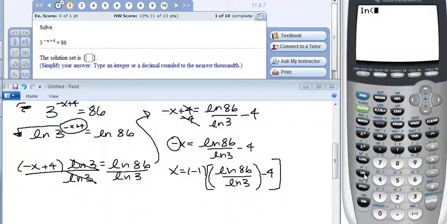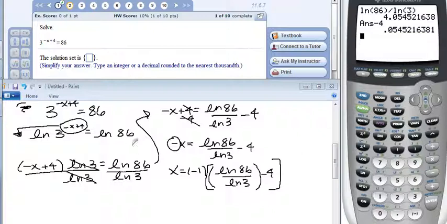This time I'm going to use my ln key. I've got the natural log of 86, close my parentheses, dividing by the natural log of 3. I'm going to get an answer. That's this piece right here. I'm going to subtract 4 from that. And I get a 0.05005, right?